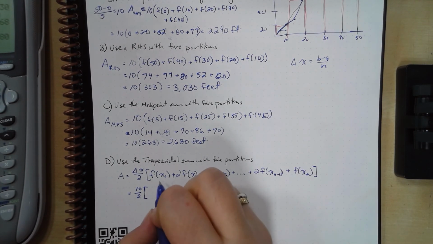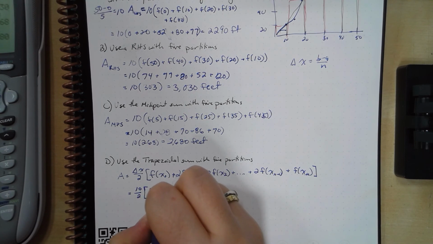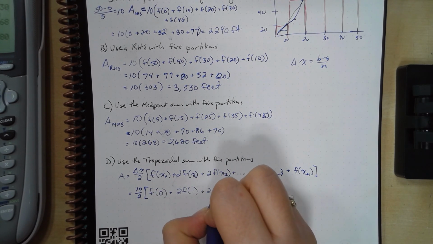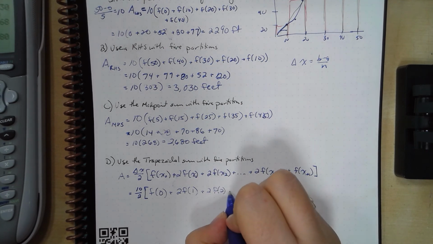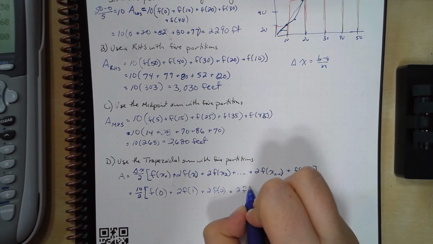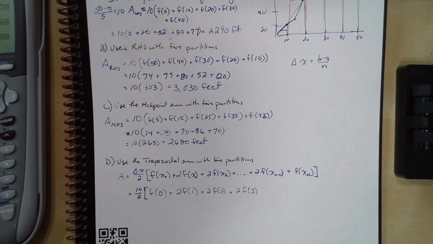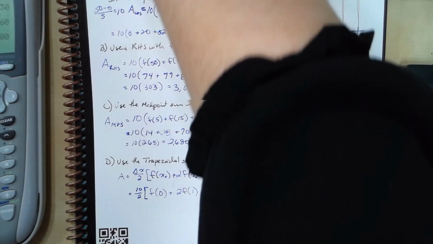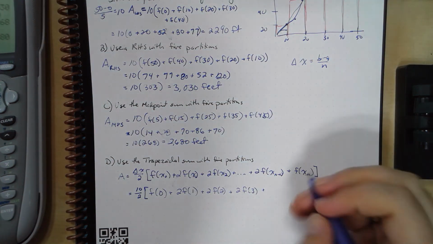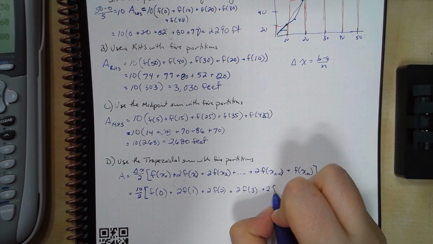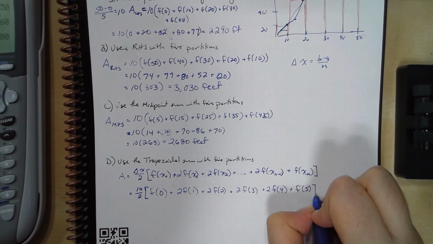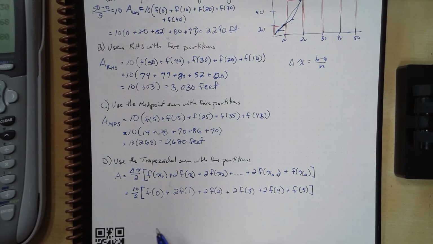So we're going to have f of 0 plus 2 times f of 1 plus 2 times f of 2 plus 2 times f of 3 plus 2 times f of 4 plus f of 5. Right? So this should work out.